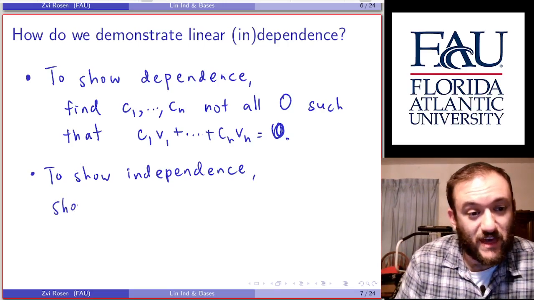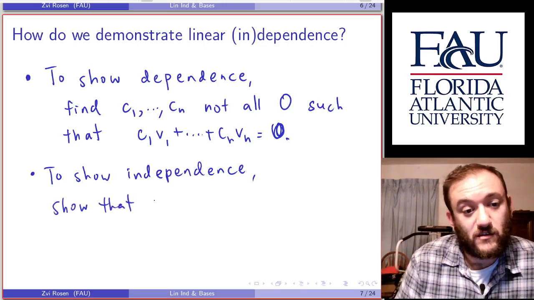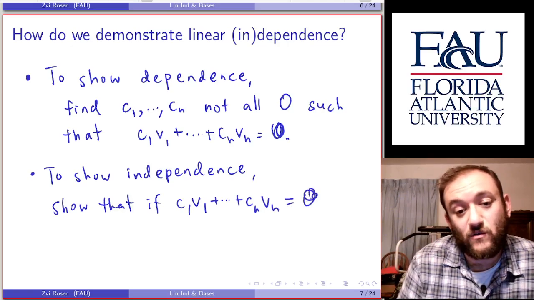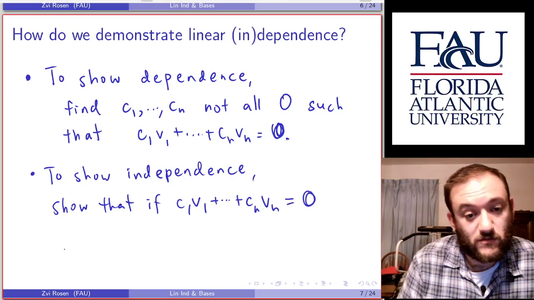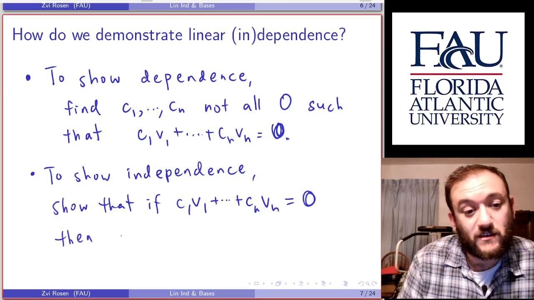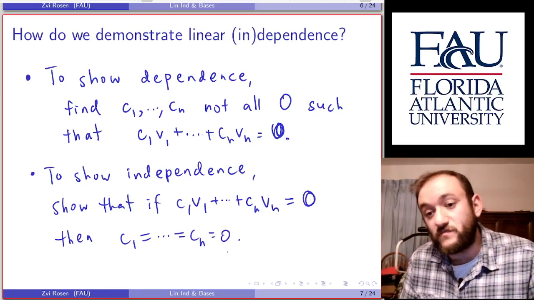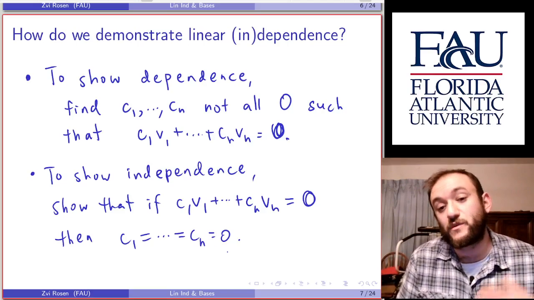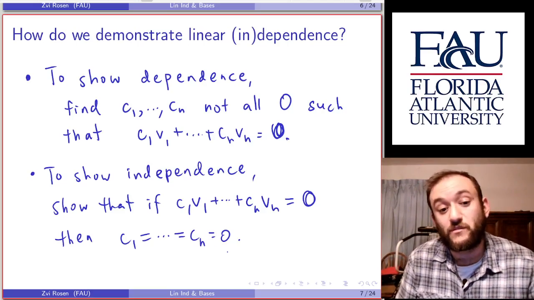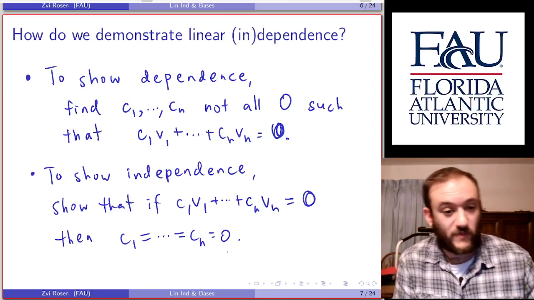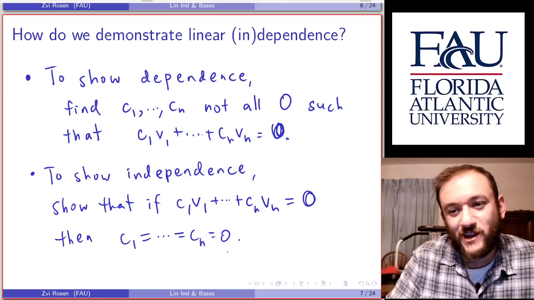Okay, show that if c1 v1 plus up to cn vn equals 0, then c1 through cn must all be 0. So all of these coefficients have to be equal to 0. In other words, there's no non-trivial formulation for 0. All of the coefficients have to be 0 if you're getting 0. Okay. So let's try and apply that in practice.